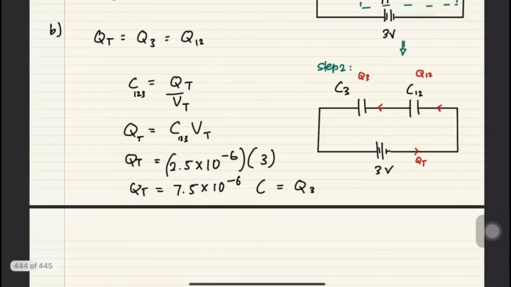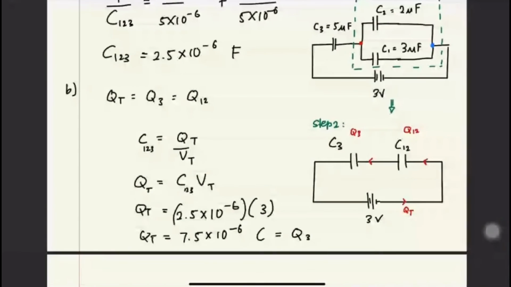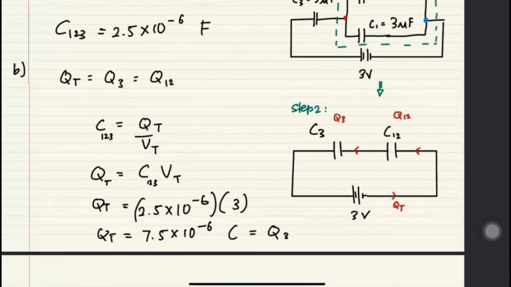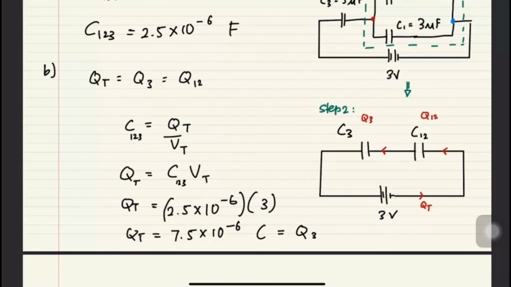Okay, now the next part you want to find Q2 dengan Q1. Kamu ada Q1 tu, tapi kamu mesti kena cek Q1 dan Q2 tu lah separately. Okay, macam saya cakap, Q dan V ini dia datang sekali. Maksudnya, kalau saya letakkan ini sebagai V total, which is 3 lah.